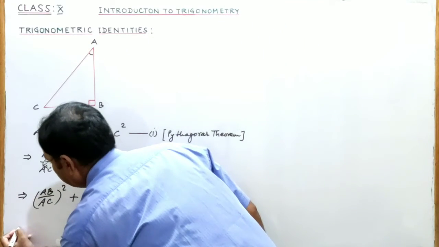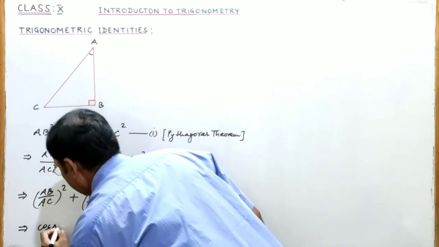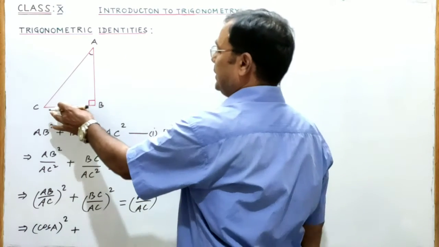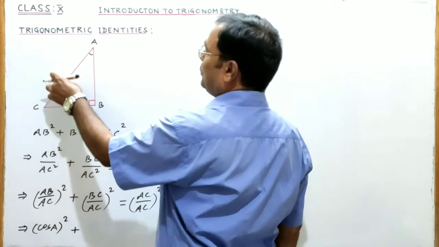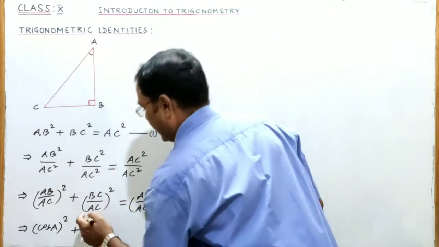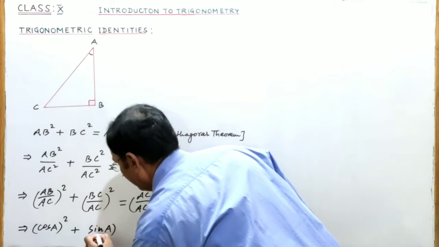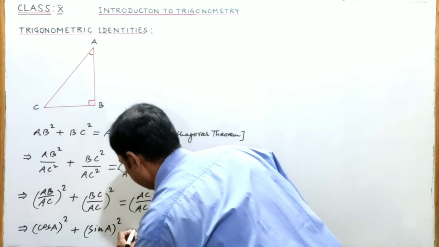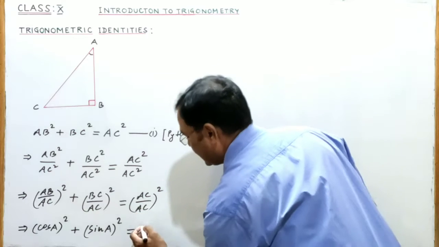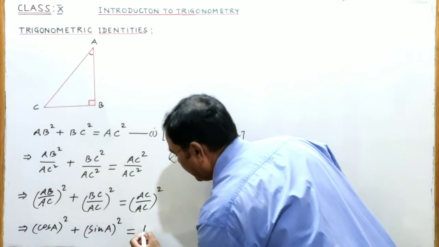So we can write cos A whole square plus BC perpendicular by hypotenuse AC, we can write sine of angle A, so sine A whole square equal to AC by AC whole square, that is 1 whole square, which is 1.